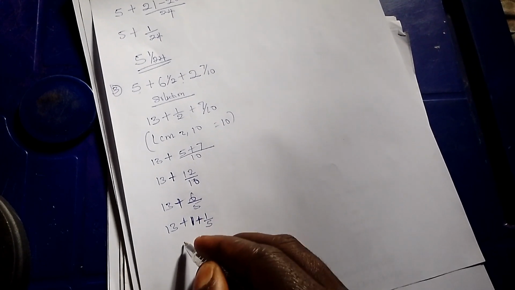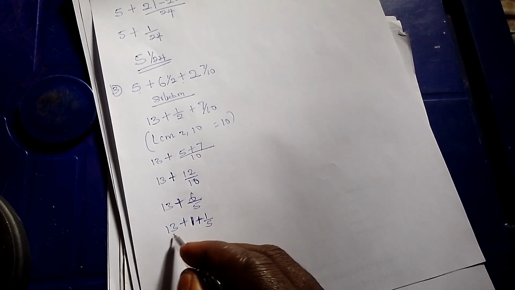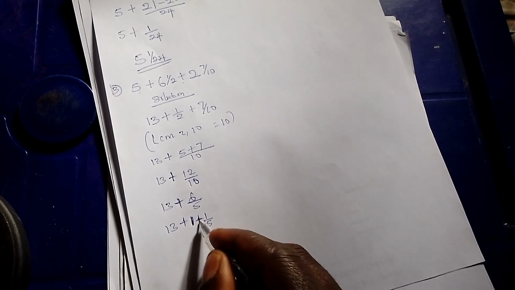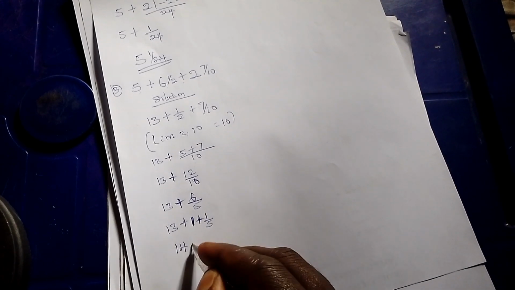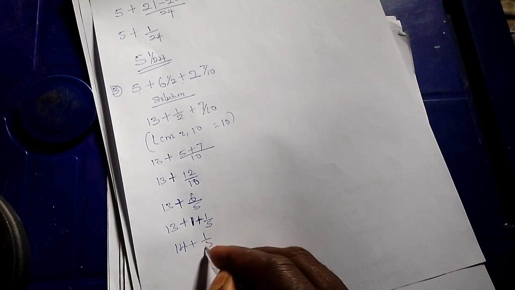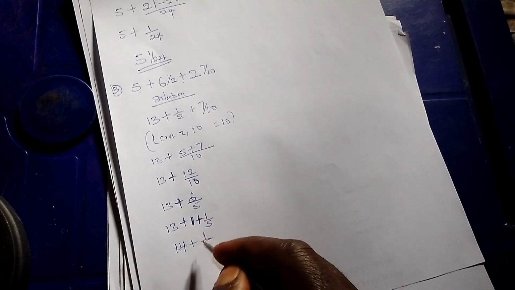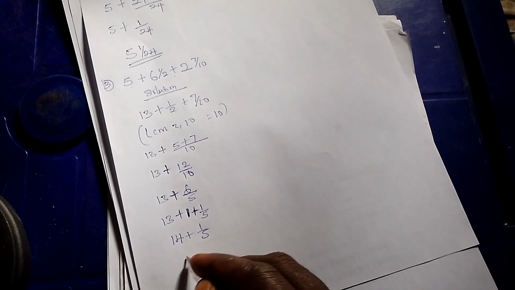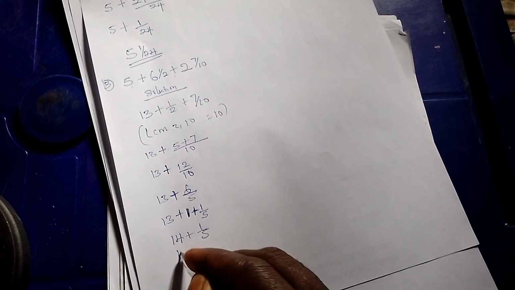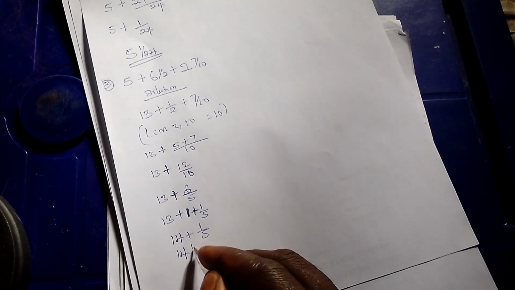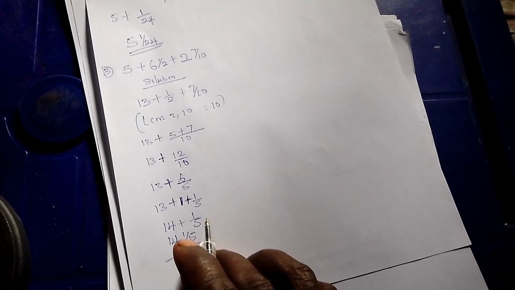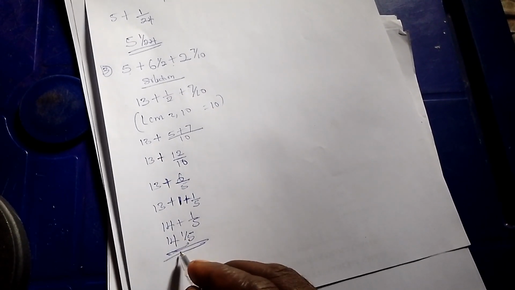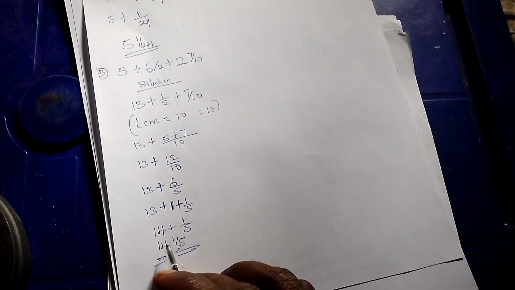So it becomes 13 plus 1 plus 1 all over 5, we have 14 plus 1 all over 5. Alright, so join them together, it becomes 14 whole number 1 all over 5. So this is the solution of the last example.